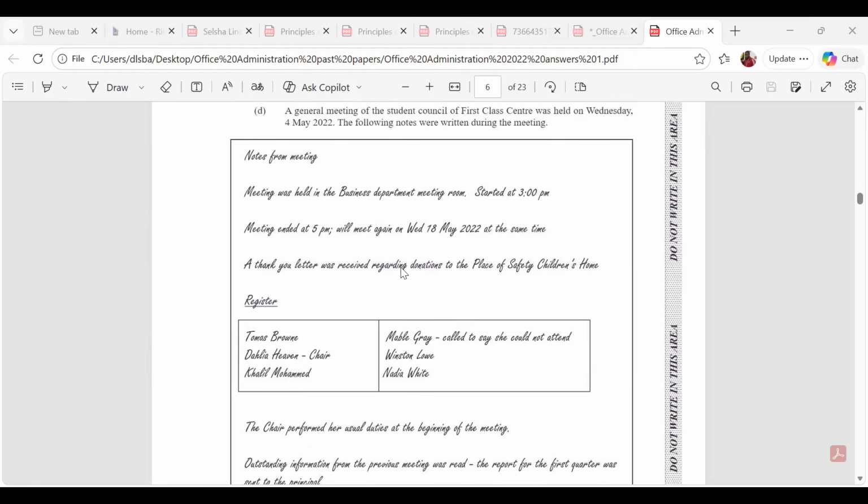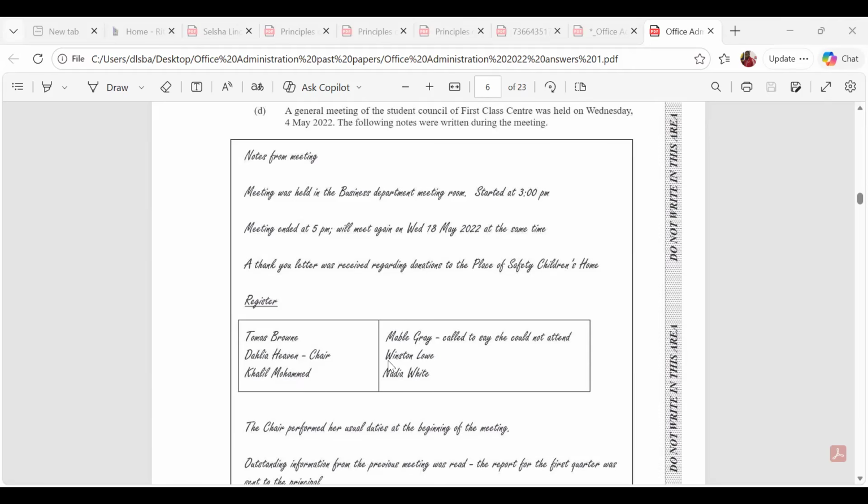Let's look at the different things that happened in the meeting. A thank you letter was received regarding donations to the Place of Safety Children's Home. Thomas Brown, Dahlia Irvin, all these people were here. Mabel Gray didn't attend.